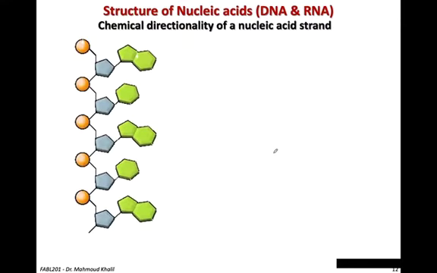So let's go to the structure of the nucleic acid. Originally, you can see in the structure there is a sugar-phosphate backbone. So there's alternating phosphate and sugar. And in this sugar-phosphate backbone, you can see that each sugar is bound to a base, which is either adenine or guanine.